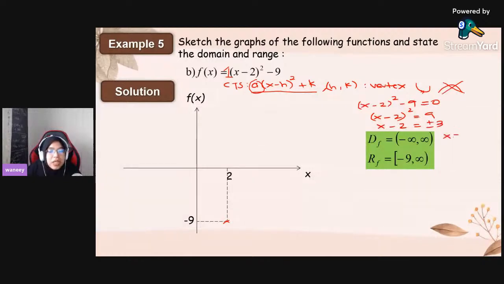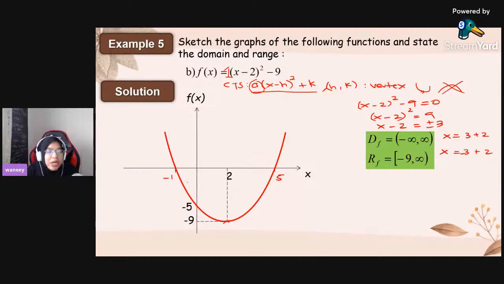Okay, so you can have x equal to 3 plus 2, or another one is x equal to negative 3 plus 2. So those are the x-intercepts. So this point over here is 5 and this is negative 1.